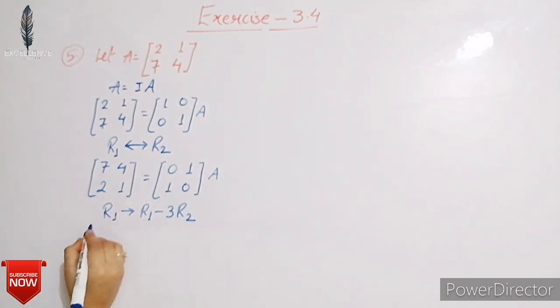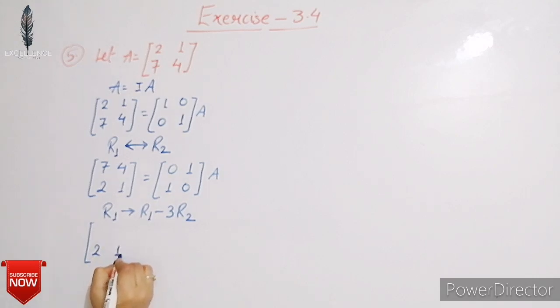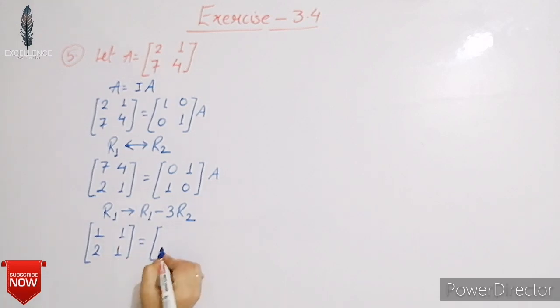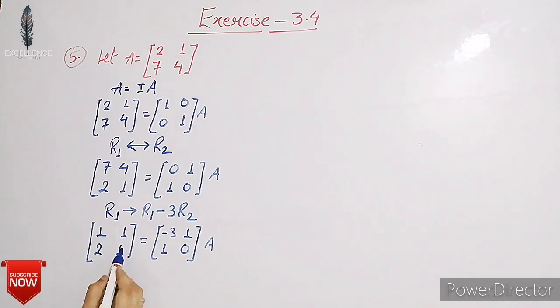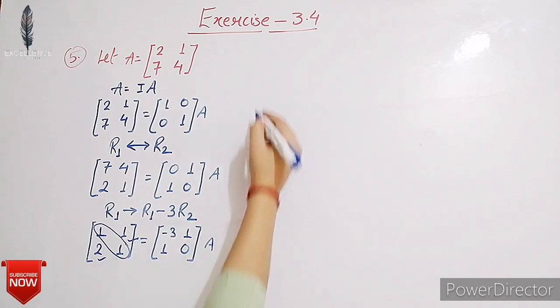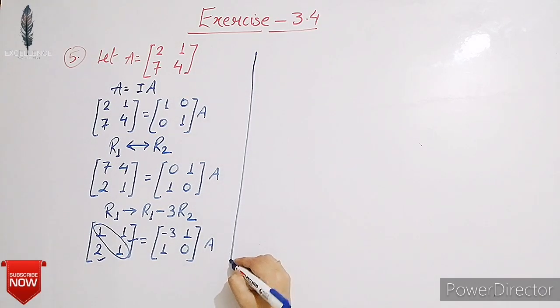Then we get second row is same 2, 1 and first becomes 7 minus 6, that is 1 and 1. Now it is 1, 0 and it becomes minus 3, 1, A. Now clearly we have to main diagonal 1, 1 and we have to convert the non-diagonal elements into 0.